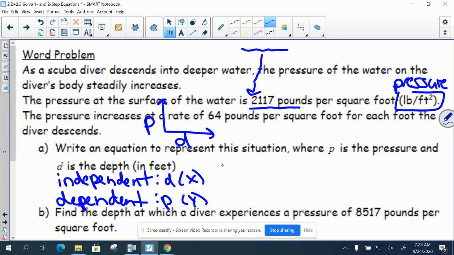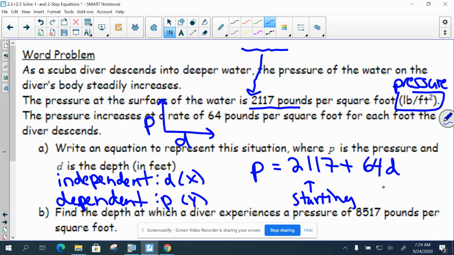Okay, so the equation then, Y equals will be P equals, and then you're starting with the 2,000 pounds per square foot, so 2,117, and you're increasing, so adding 64 pounds per square foot per foot, so plus 64D. So that would be the equation. So it's the amount you start with plus the rate.